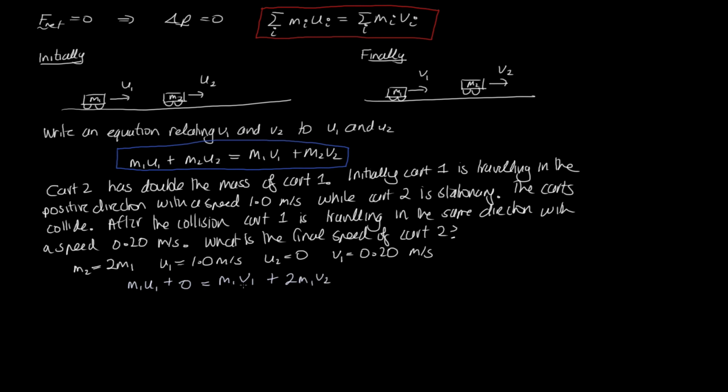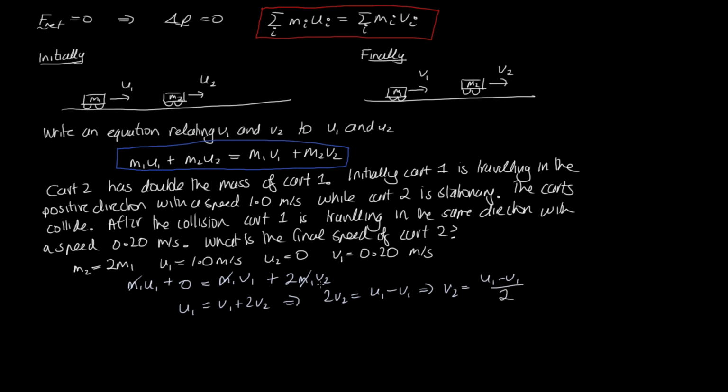Now you can see there's an m1 in every one of these terms, so I can cancel it out, and I've now got the equation u1 is equal to v1 plus 2v2. What we're trying to find is v2. So let's rearrange this: 2v2 is equal to u1 minus v1, which tells me that v2 is equal to (u1 minus v1) over 2.